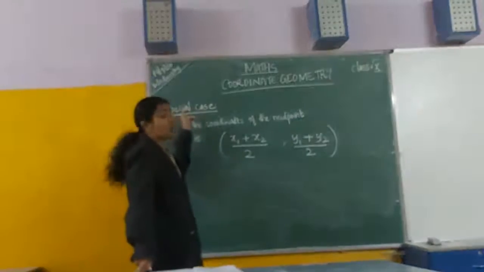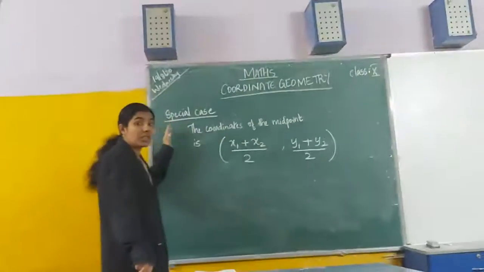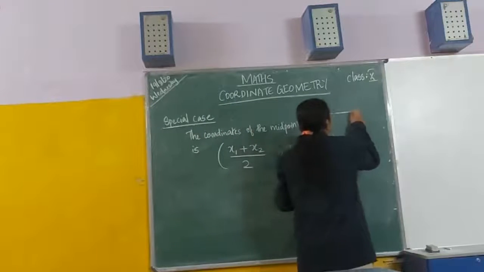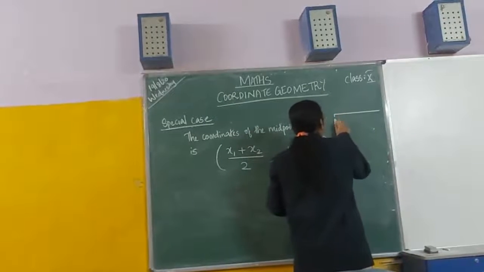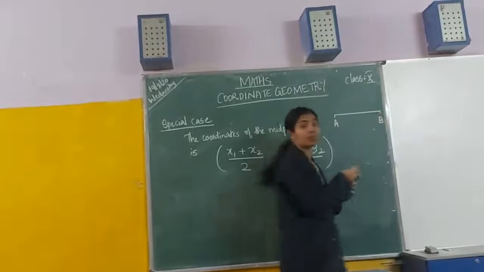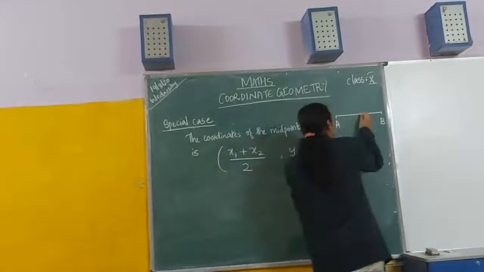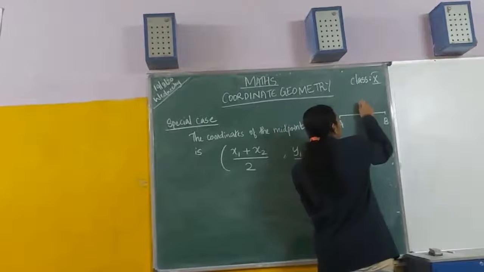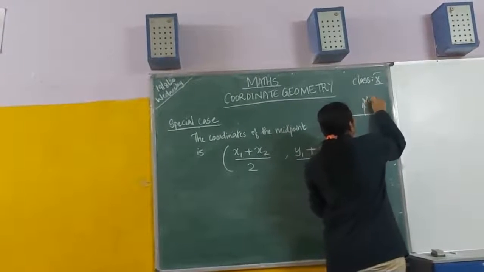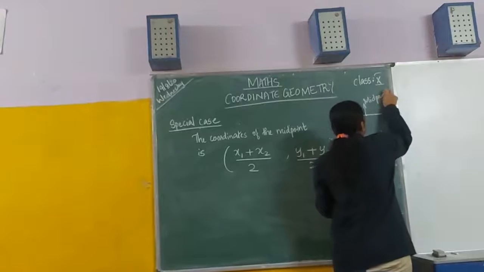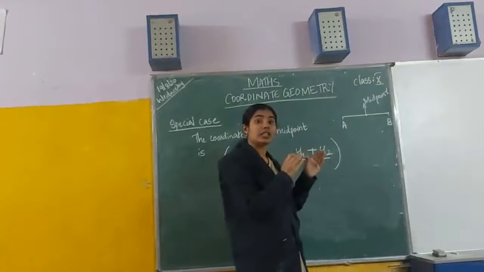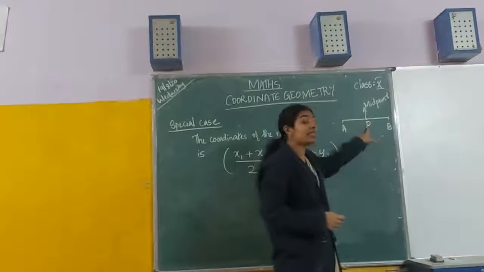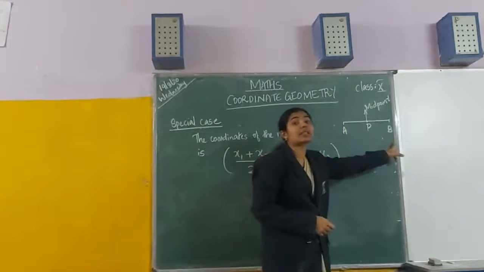Before the example, you should know about this special case. When you are given one line segment with two endpoints A and B, there will be a point in between. If this point is the midpoint, meaning it divides the line segment into equal parts, then P is the midpoint of this line segment.